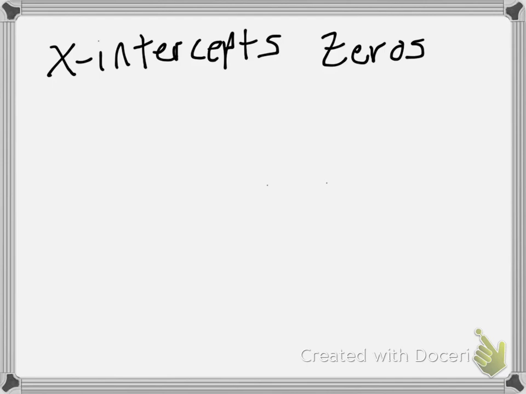Now, why do we say that? Well, because looking at the next section of problems, all you're doing is actually setting y equal to 0, okay, and then finding where the graph crosses the x-axis.